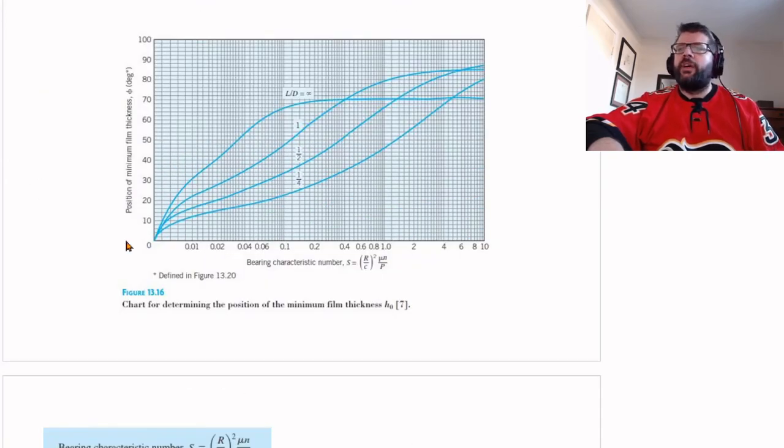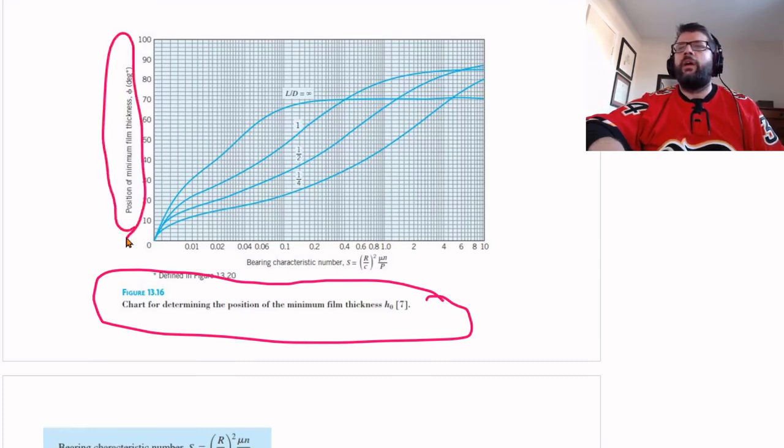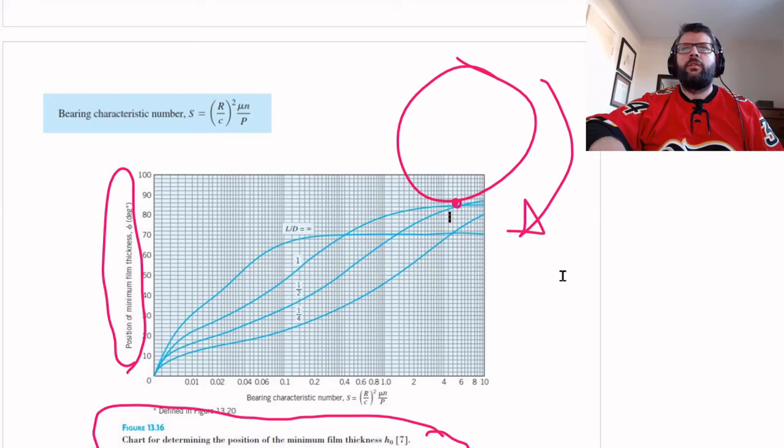Next up, the position of the minimum film thickness can be important. This one's just given in degrees. If we're rotating this way, starting off at 0, this is the shift in the direction of rotation.